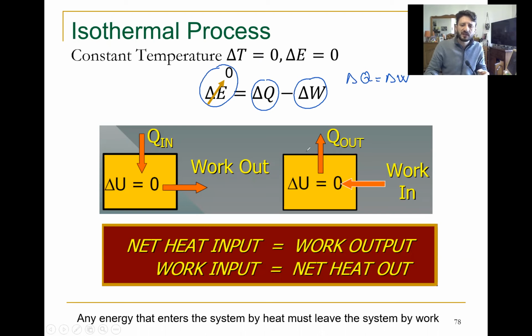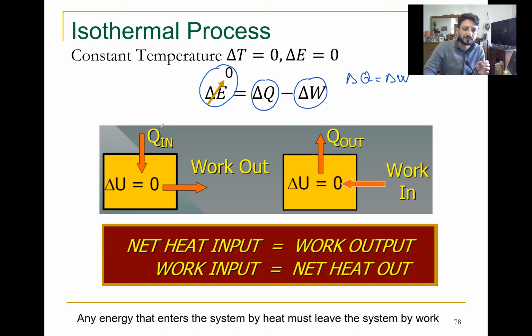What I mean is, if I add a quantity of heat, it will be transferred directly to work. We don't have any increase of internal energy. Okay? In the case of an isothermal process, all the added quantity of heat must be transferred to work.